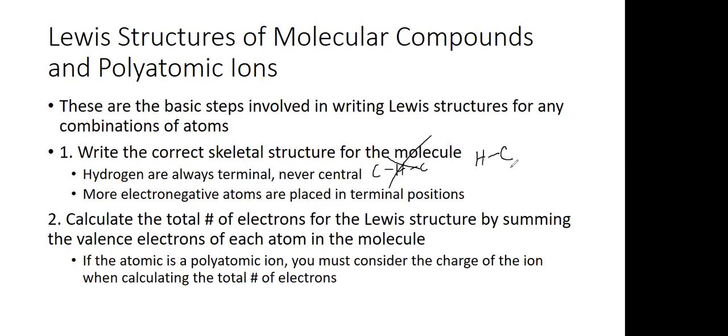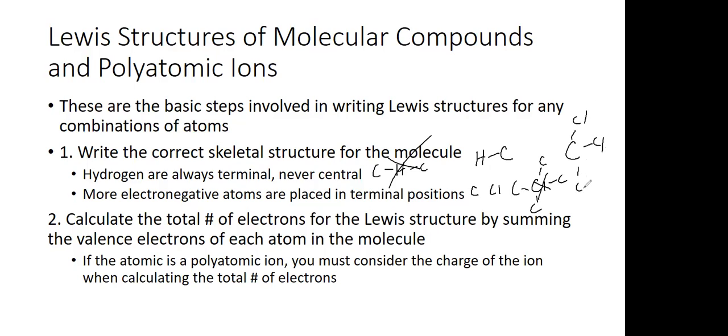If you have multiple atoms, your electronegative atoms are placed at the terminal positions. For example, if you had carbon and chlorine, a lot of the time people have chlorine bound to a bunch of things. That again is incorrect.